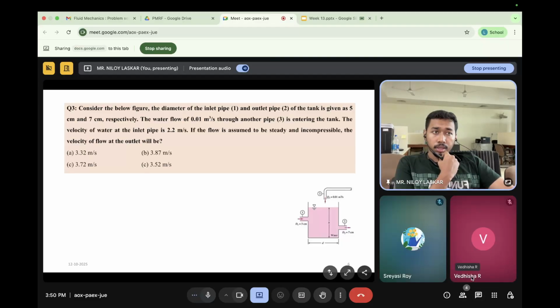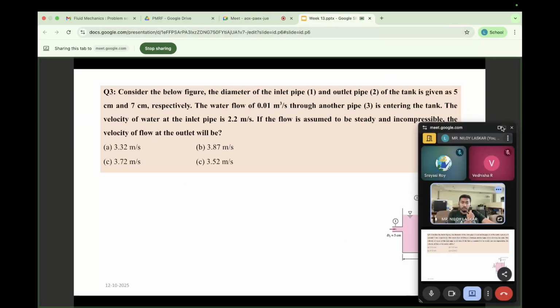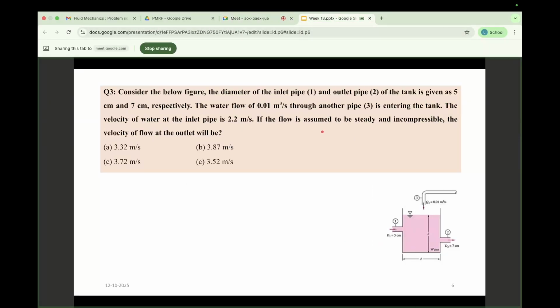Okay, I am just giving you a hint. In this system, 1 is the inlet pipe and 2 is the outlet pipe, and from 3 another liquid is entering this system. From mass conservation, whatever is entering this system and whatever is coming out should be equal.